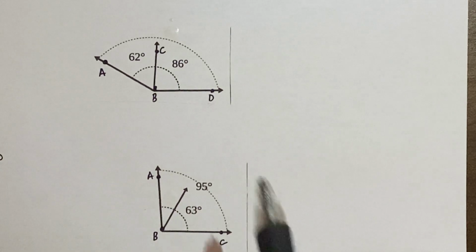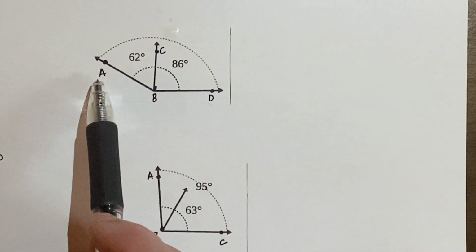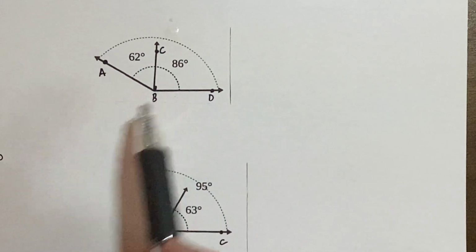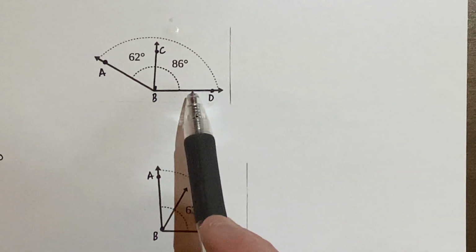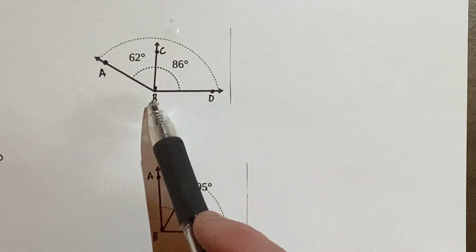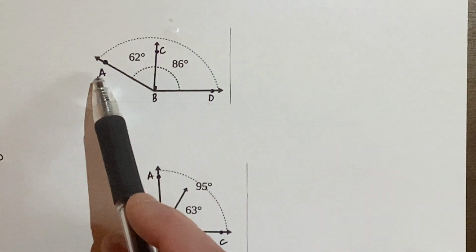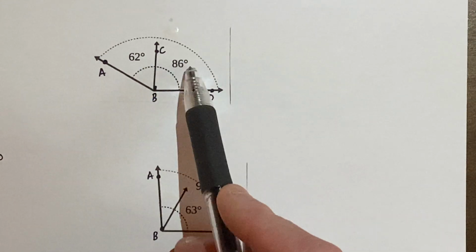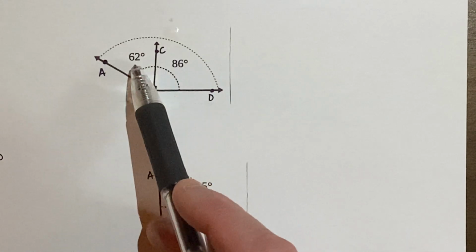Okay. Then we have a couple of problems that are just written like this, just a little bit different way to look at it. So in this particular one, they're telling me we have angle ABD, and right away, me looking at that, what do you think it is? Obtuse, correct? That's what I was thinking. And right here, they're telling me in angle CBD, this is 86 degrees. In angle ABC, this is 62 degrees. So now they've given me both measurements between this angle and this angle.